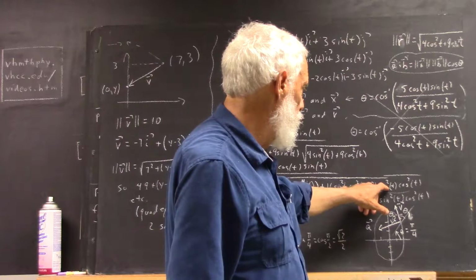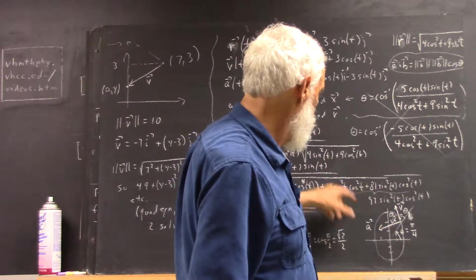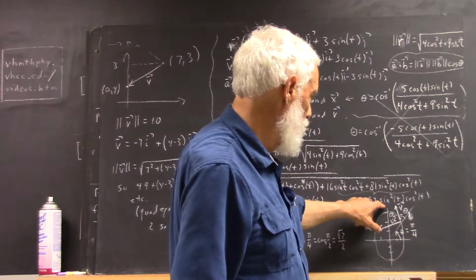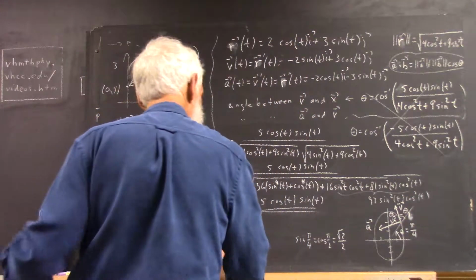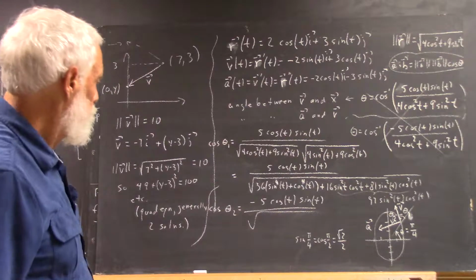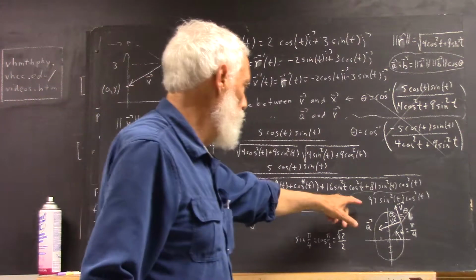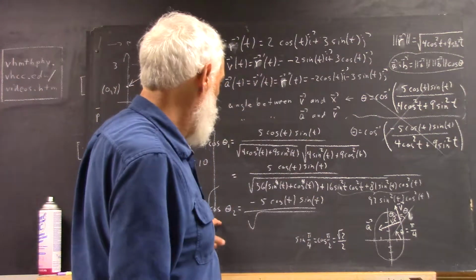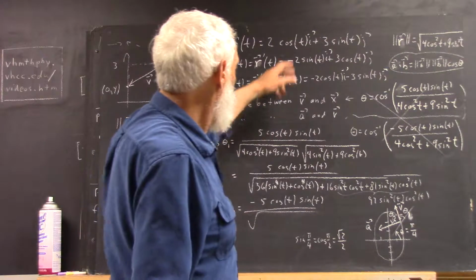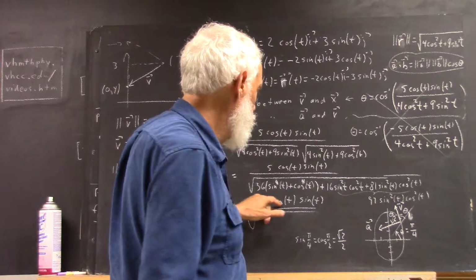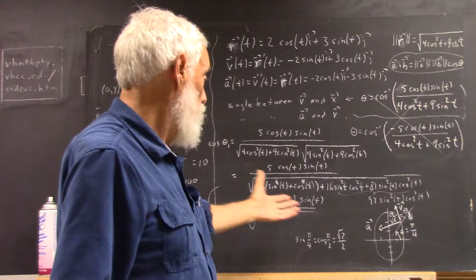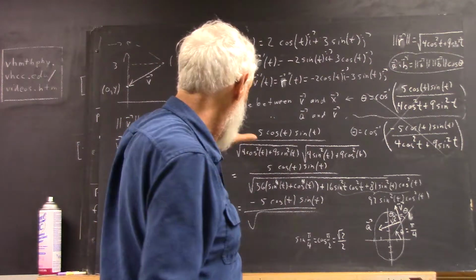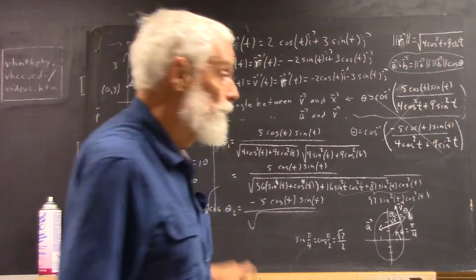And this part here compresses, because these are like terms, to 97 sine squared t cosine squared t. We don't want to belabor that. And then we get the cosine of theta 2, and the dot product here is just going to be negative cosine t sine t. The denominator is going to be the same, and then we go on. Okay, so that's the calculation of the cosines of the two angles.